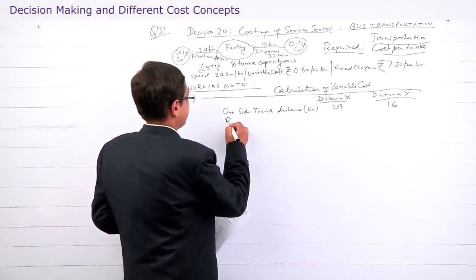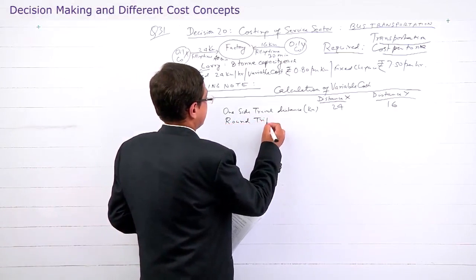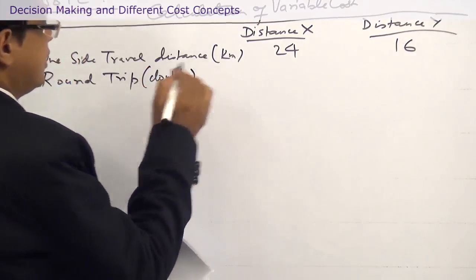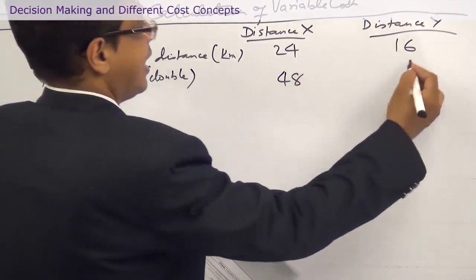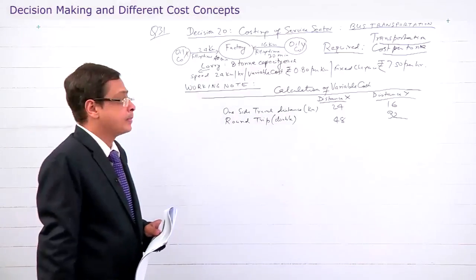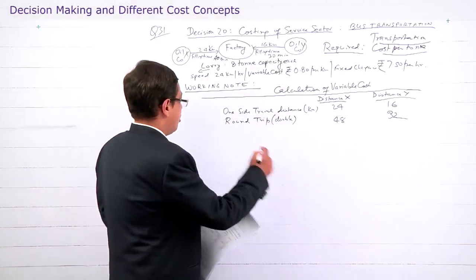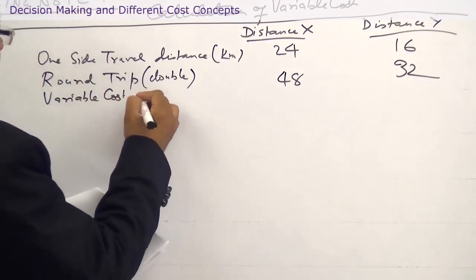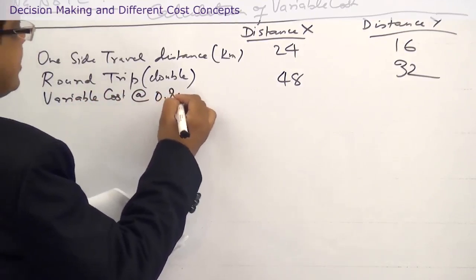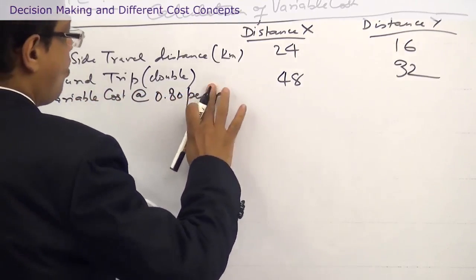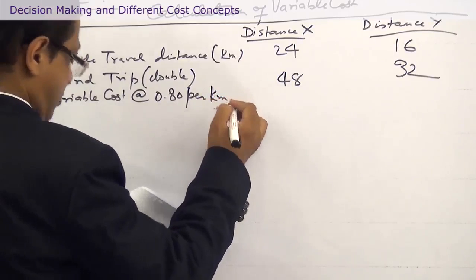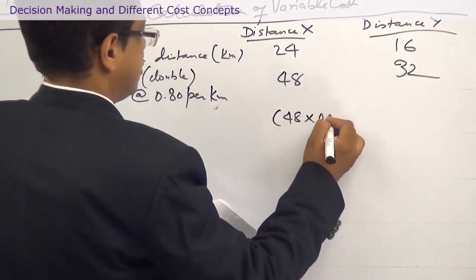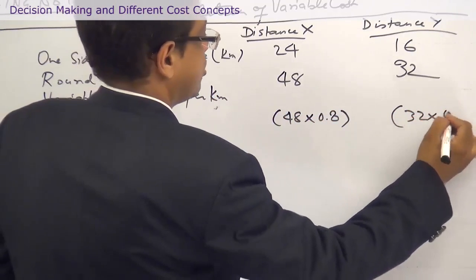So, the round trip is double. This means it goes and comes, 48 and 32. So, variable cost at the rate of 0.80 per kilometer is 48 into 0.8 and 32 into 0.8.